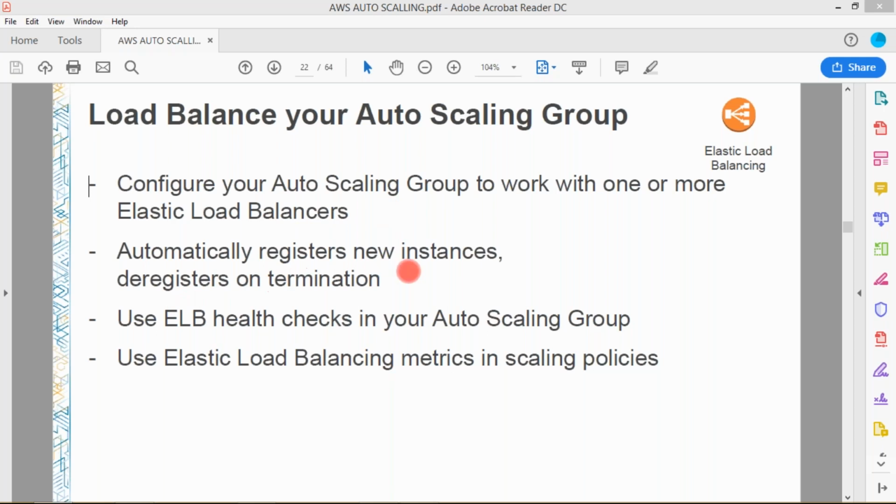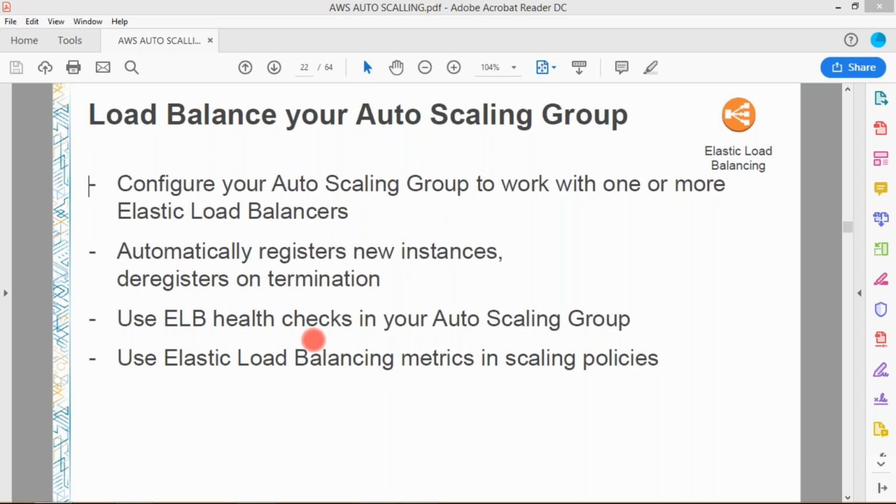It also automatically registers new instances and deregisters them on termination, so we can do that on the load balancer side. Use elastic load balancer health checks in your auto scaling groups. That is also important, because the auto scaling is mapped with the elastic load balancer, and the elastic load balancer provides the health checks. Then the AWS architect will understand what's going on with this particular elastic load balancer.